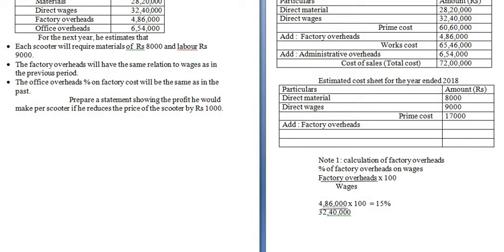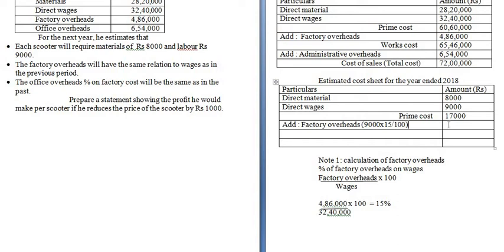Now factory overheads, right? Now in the bracket you can calculate. So factory overheads is on wages. So wages for the year 2018 is how much? 9,000, right? So 9,000 into percentage, as we have calculated, it is 15%. Okay, calculate this.